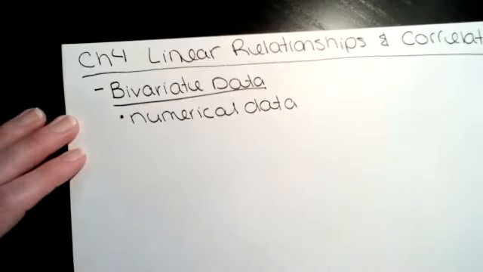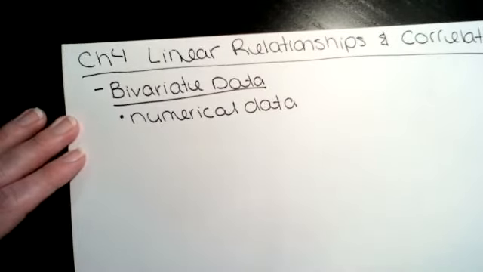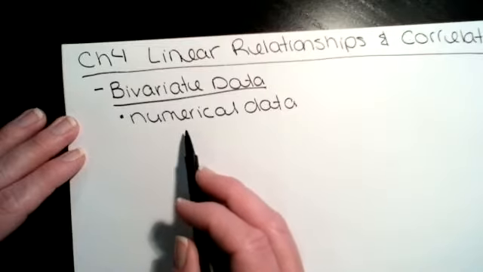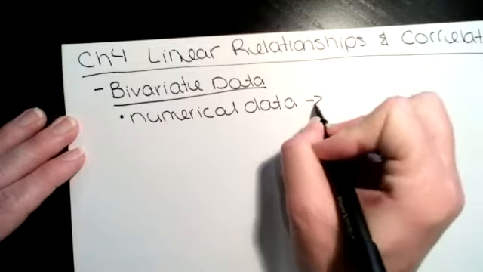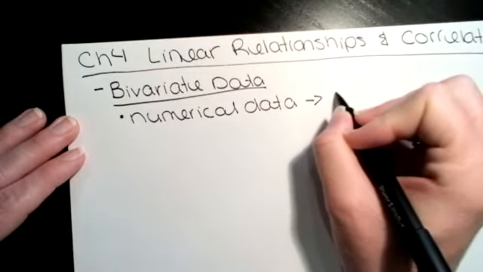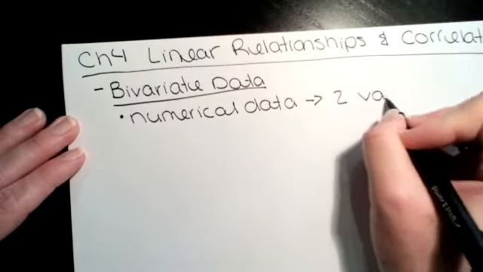Remember a few weeks ago, I mentioned that we're going to kind of leave categorical data behind us for a few weeks and just focus on numerical data. And we did that last week with chapter 3. And we're going to continue that here with chapter 4. So numerical data and bivariate means that we're studying two variables.